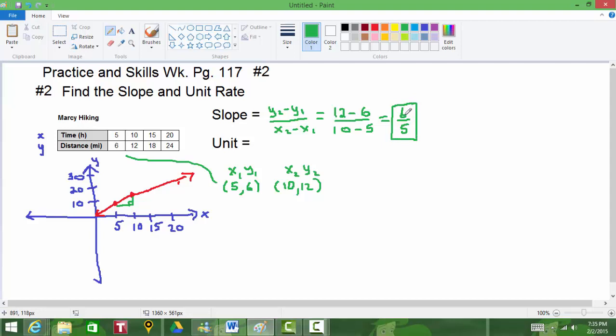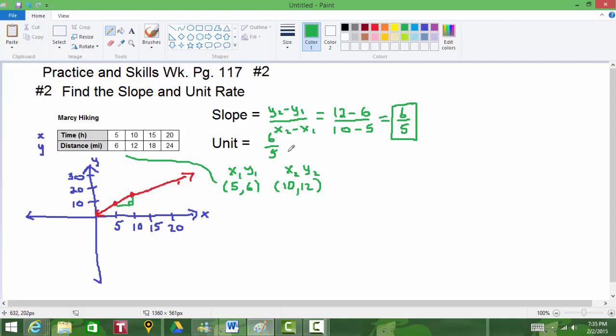Now the second question they ask us is to come up with the unit rate. We know that the unit rate is the same thing as the slope. So I'm going to write down that 6/5.